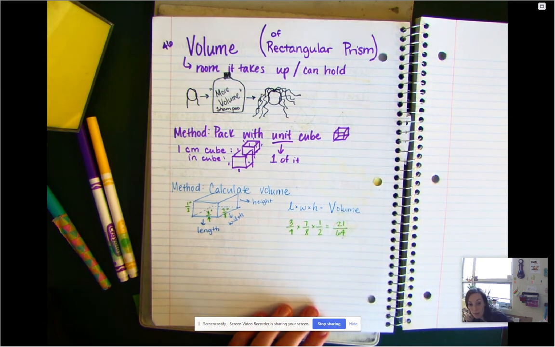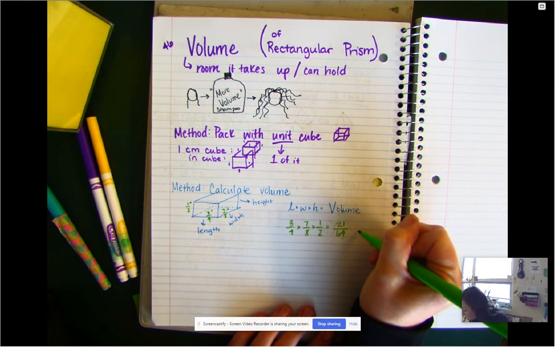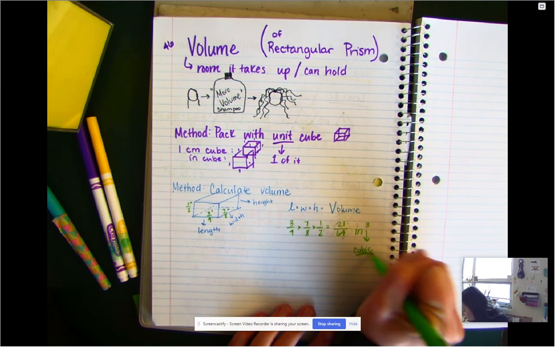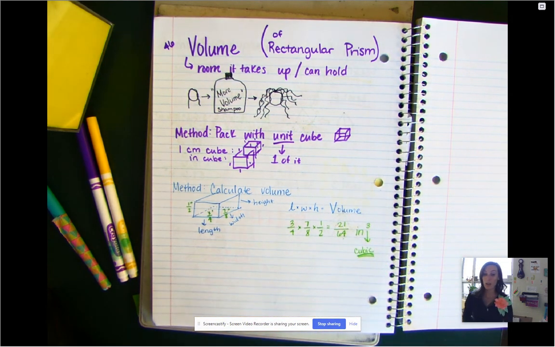Now I look for common factors. Well, they do not have any common factors. So that's simplest form. So 21/64 cubic inches. Volume is always in cubic inches, right? So for area, we were finding squares. For volume, we're finding cubes.